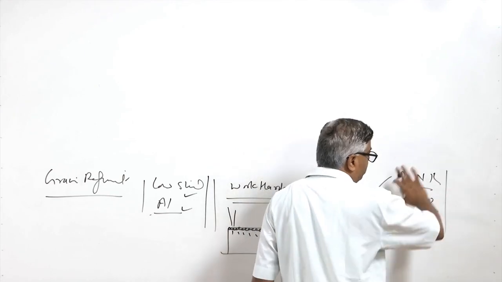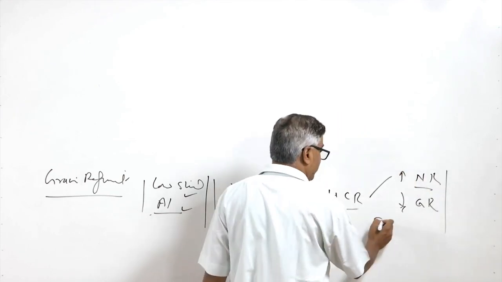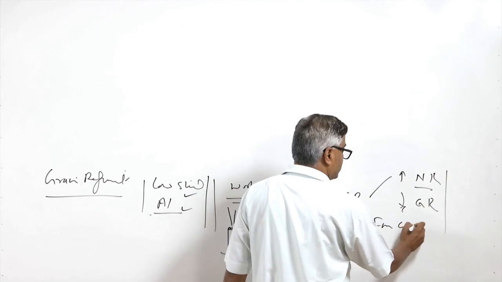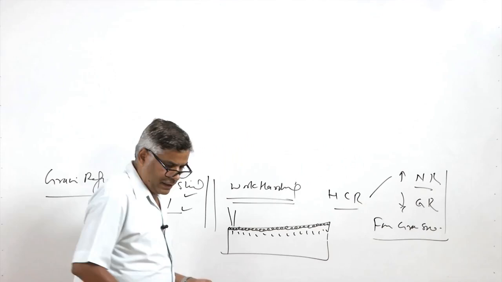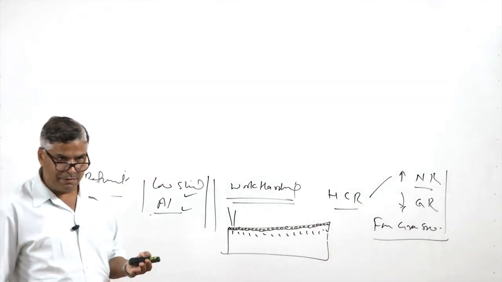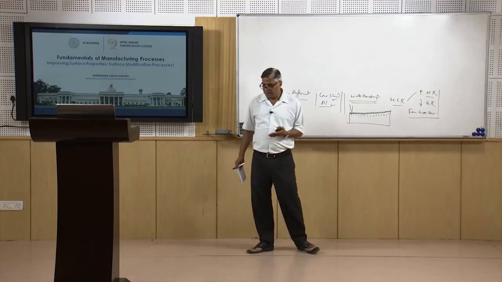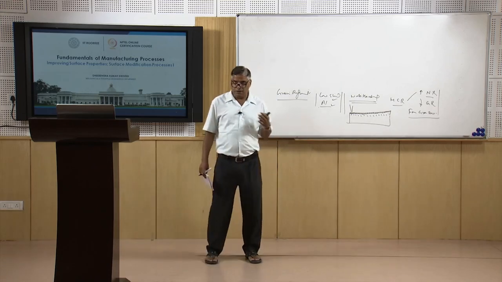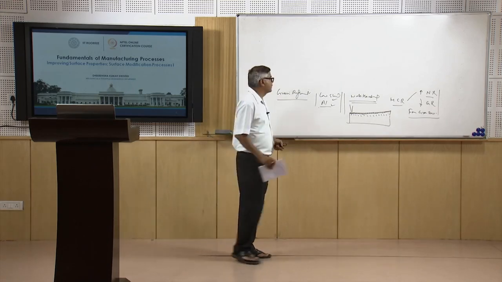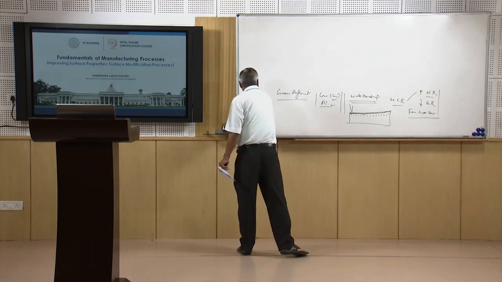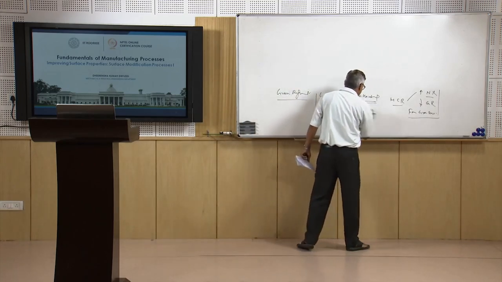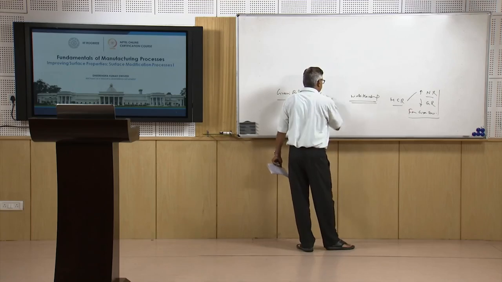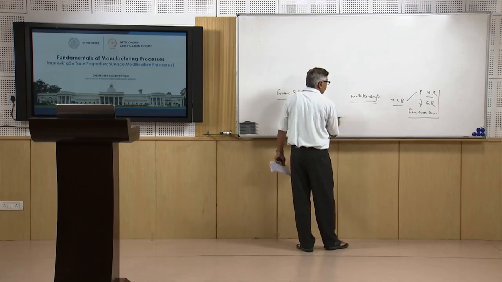Whenever this combination is present, we find very fine grain size in the metal, and that is why TIG melting of cast aluminum alloys and laser melting of steels lead to a very refined grain structure.